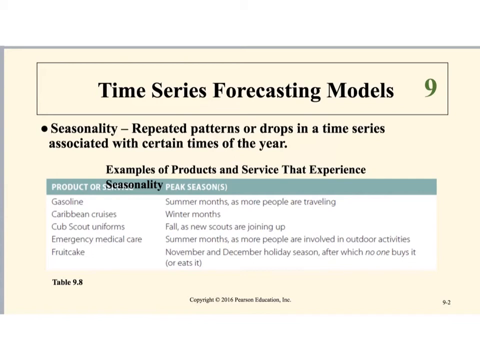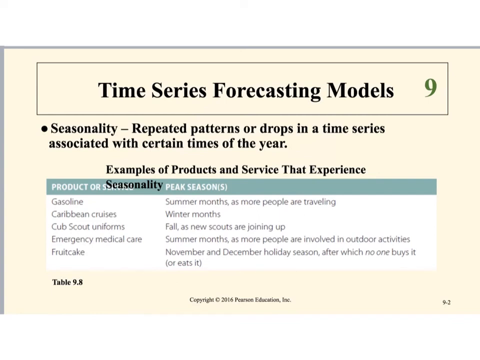based on season? In this table, you can see a couple of examples where the demand changes based on the season. For example, in summer months, people use more gasoline because they travel more, or they go on Caribbean cruises more often in winter months because they want to go to warmer areas.